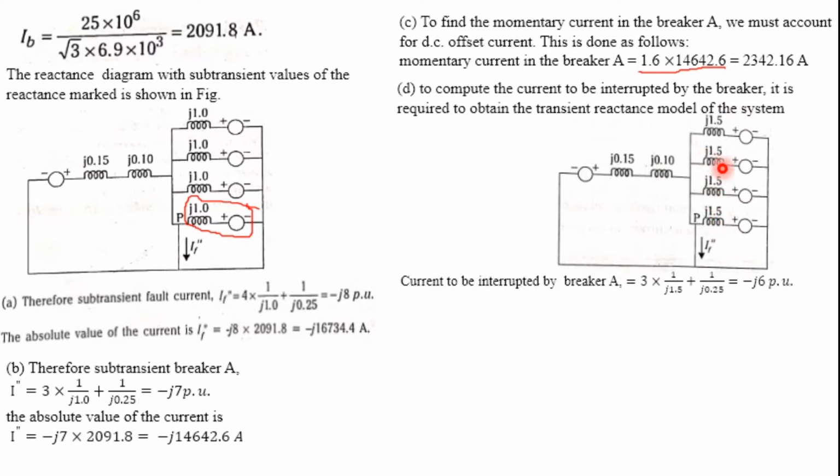Here we see that there is a breaker at this point, so again this part is going to be isolated. That's why these values are connected in series of the three.